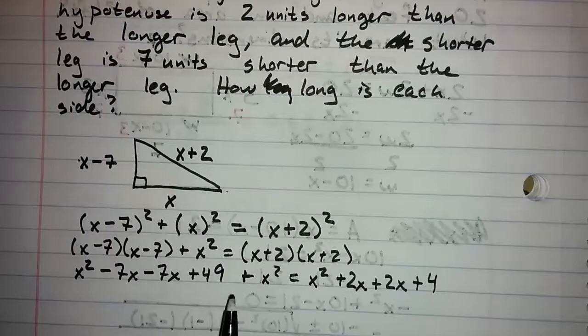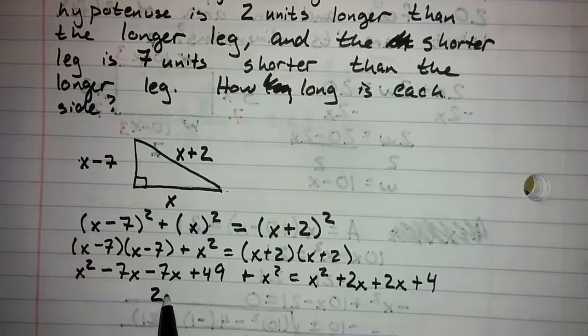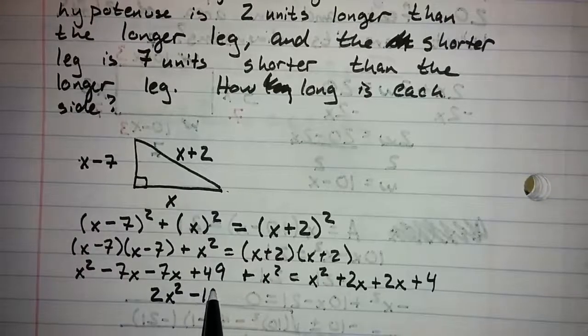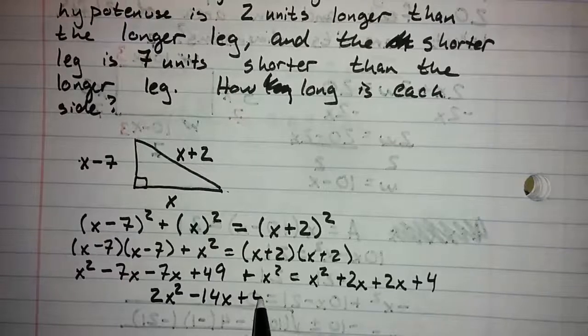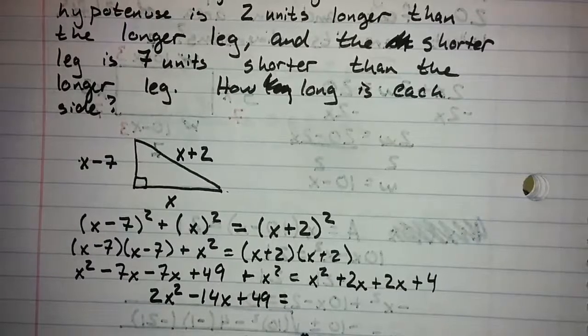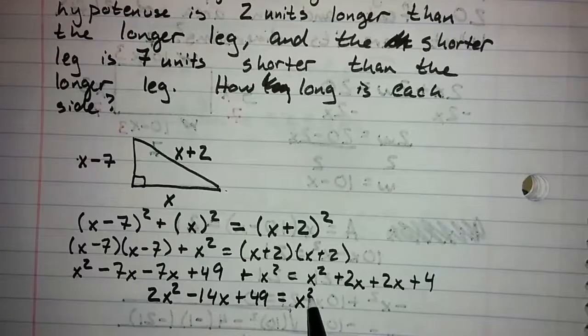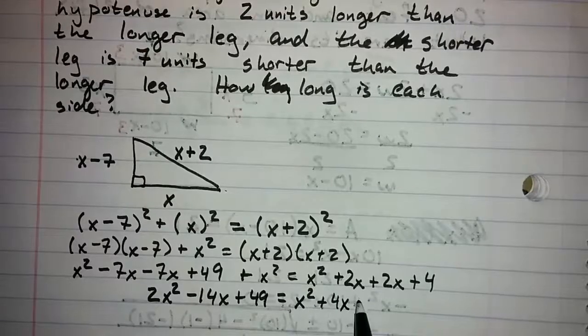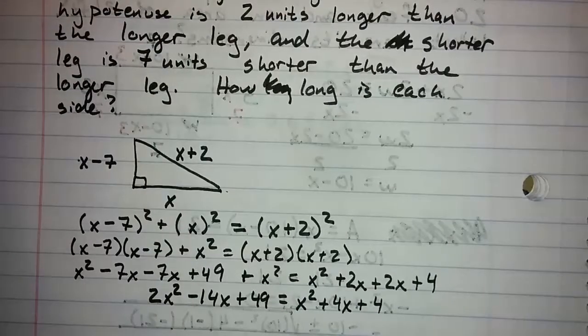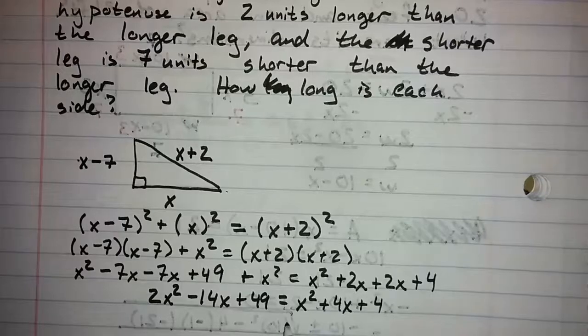Collecting all the like terms on either side, 2x squared minus 14x plus 49 equals x squared plus 4x plus 4. Now, I need to get this in standard form, which means I need to get 0 on one side.